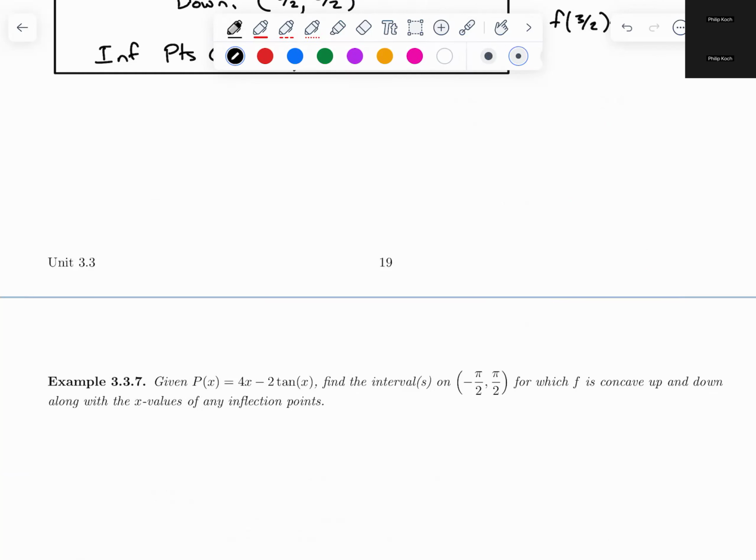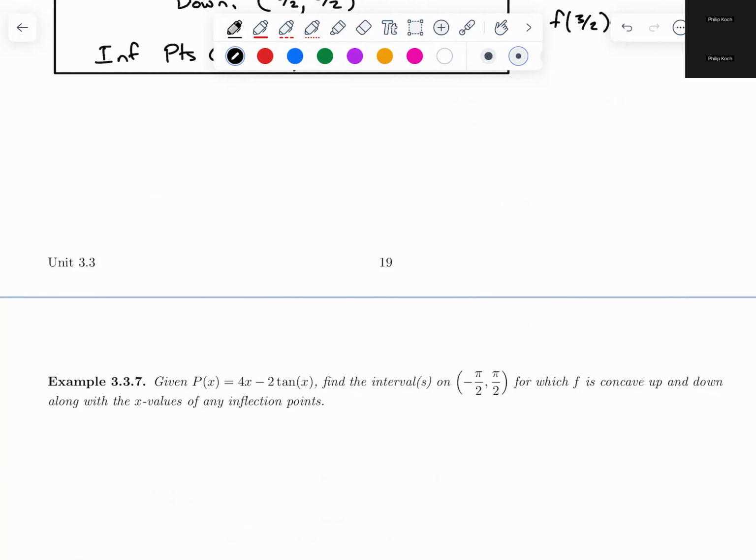So, good trig example. Everyone's favorite, I know. From negative pi over 2 to pi over 2. That's a weird interval, but we can do it. Let's just take a deep breath and remember we have all of our trig. I've seen it time and time again that you guys know your trig, so I don't have any concerns with your ability to do the trig here.